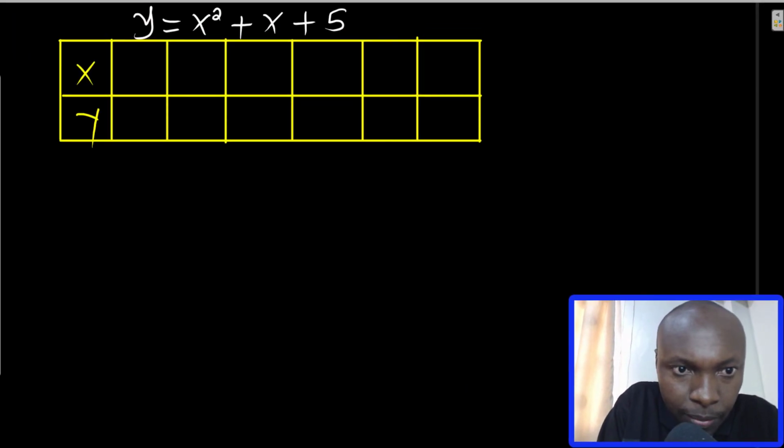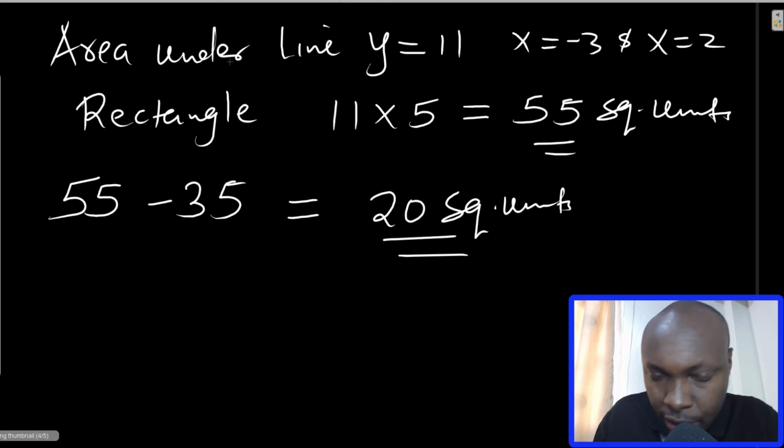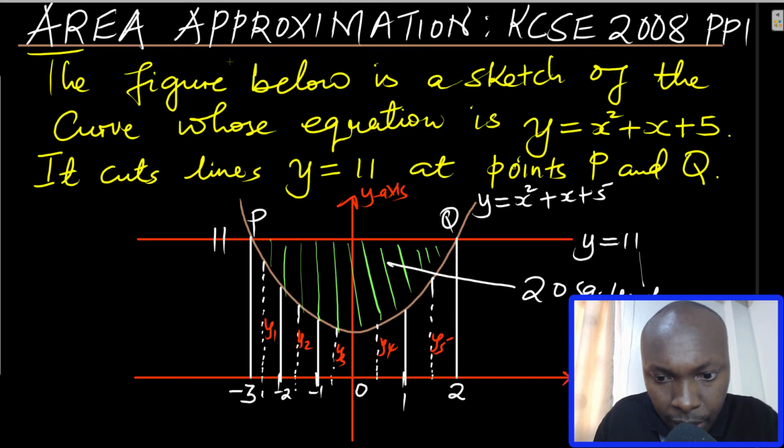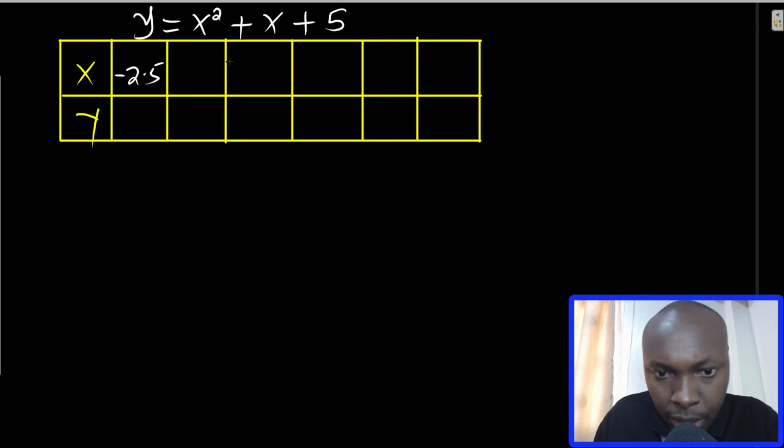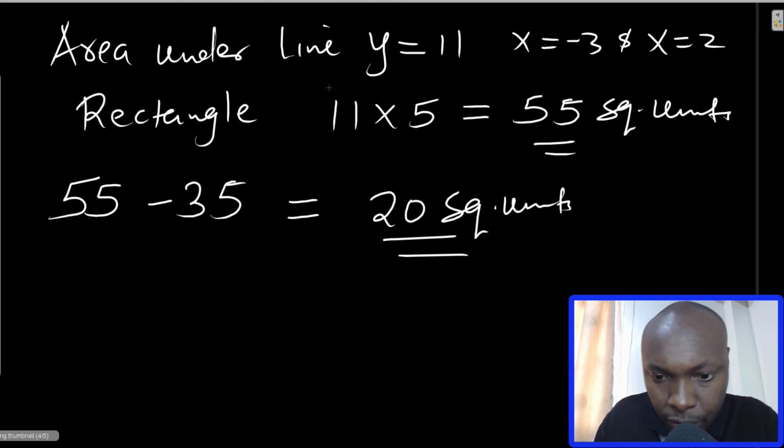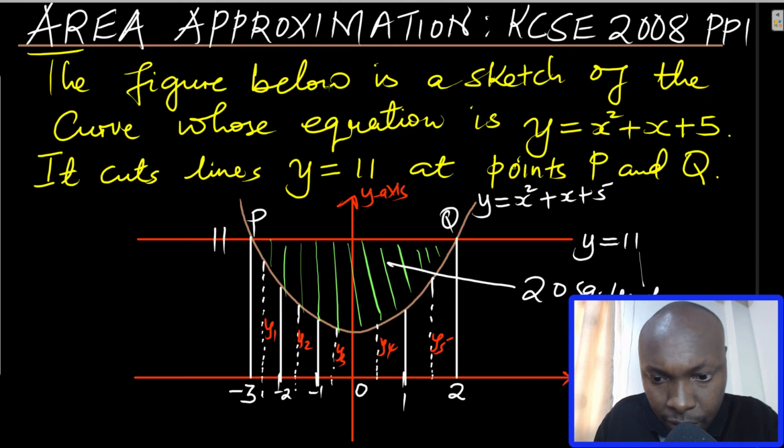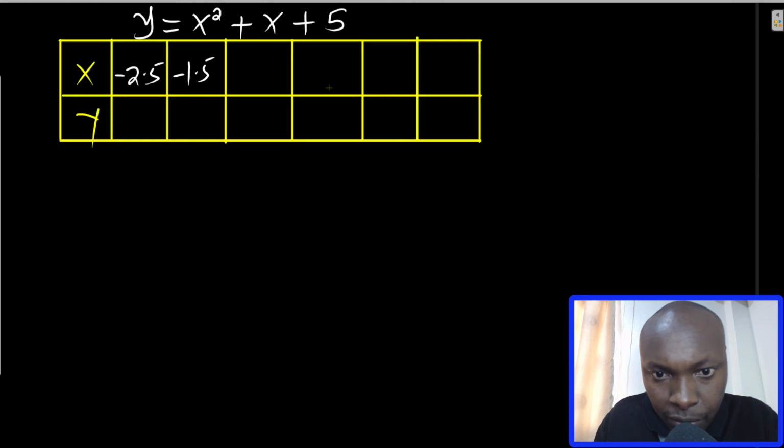So I'll have -2.5. Then the other one is -1.5. Then from -1.5 I will have -0.5.